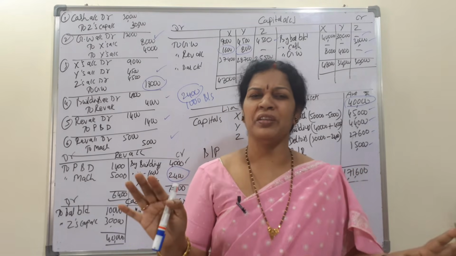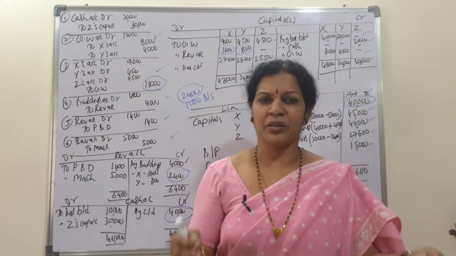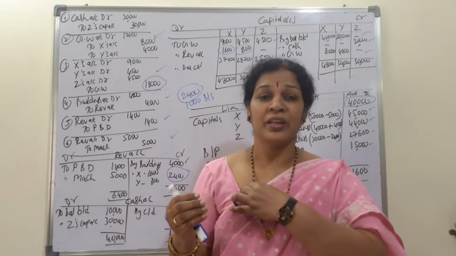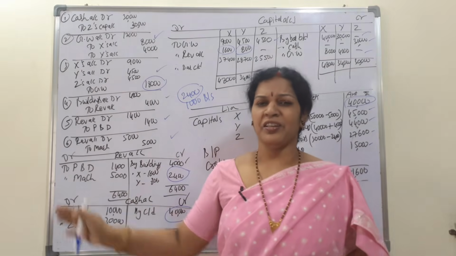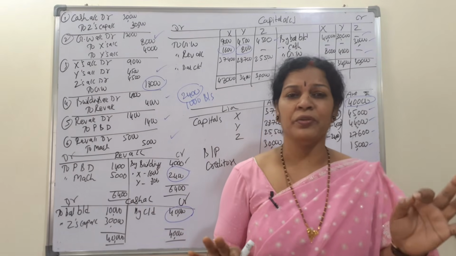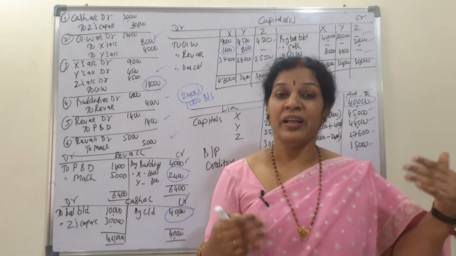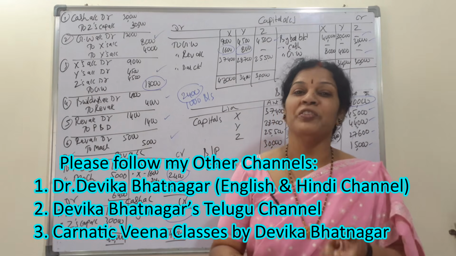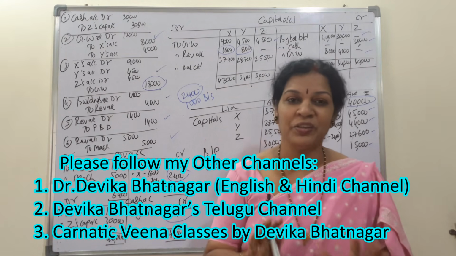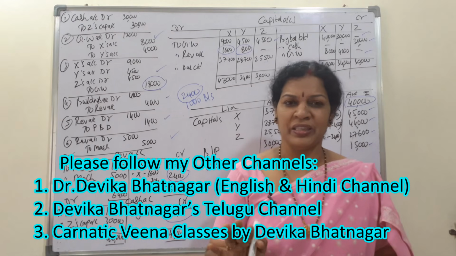Rest of the problem is the same: opening the revaluation account and next cash account, partners' capital account, balance sheet, writing journal entries, everything is normal. Only a few transactions you have to remember, like goodwill, and in this problem provision for bad debts. That treatment you have to remember. Rest of the problem is clear.